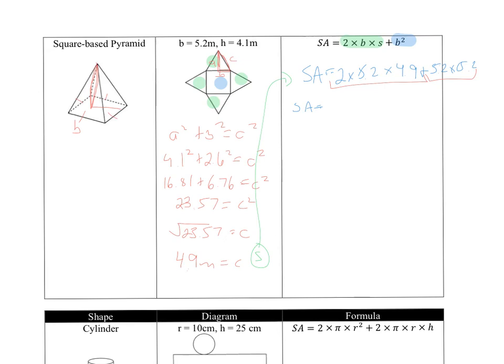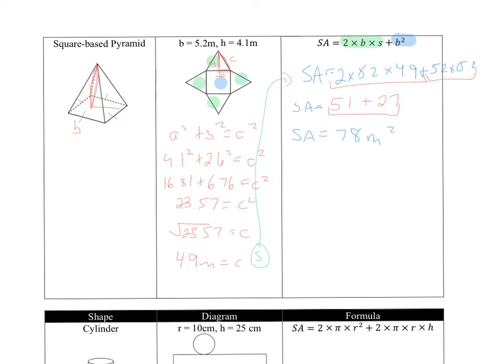When I do 2 times 5.2 times 4.9, I get 51 when I round. Plus, when I do 5.2 times 5.2, I get 27 when I round to 1 decimal place. When I add them together, we get 78 meters squared.